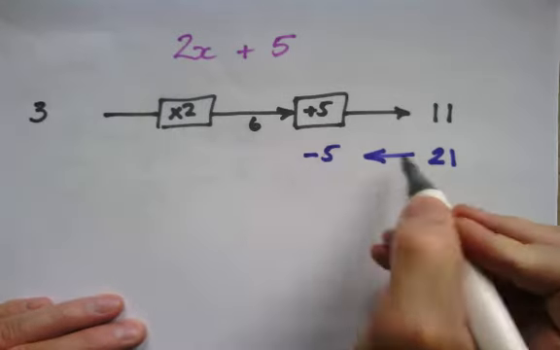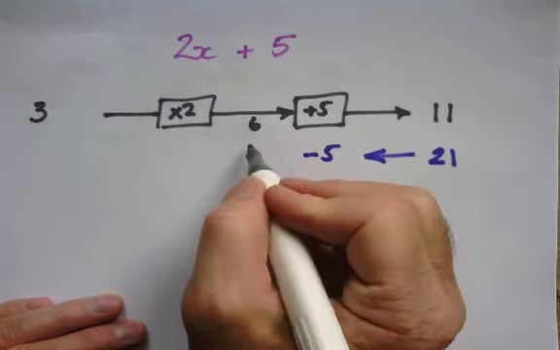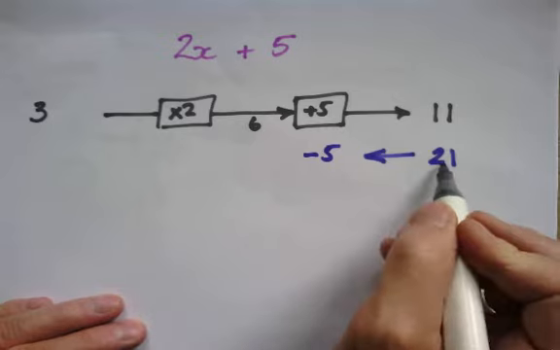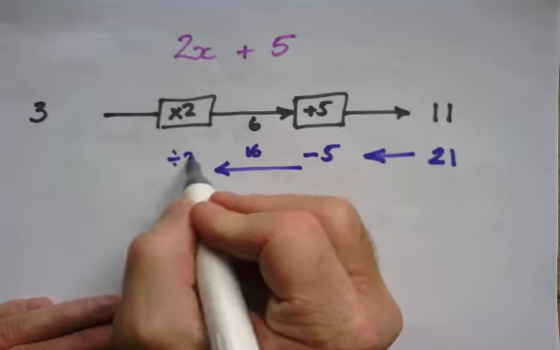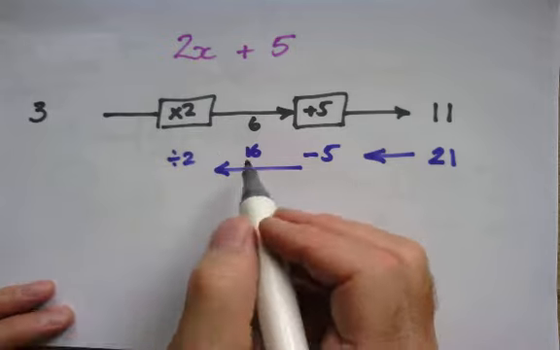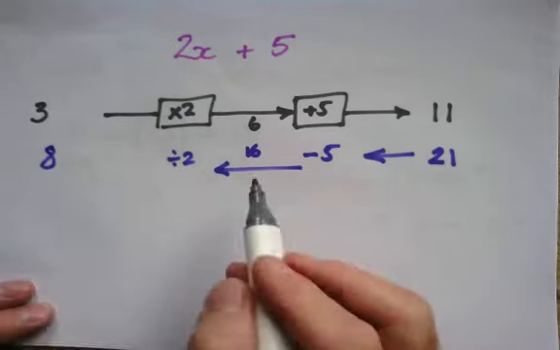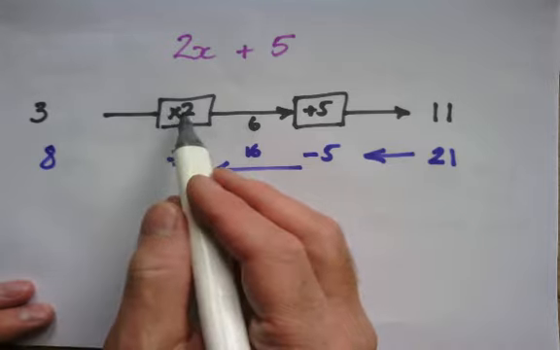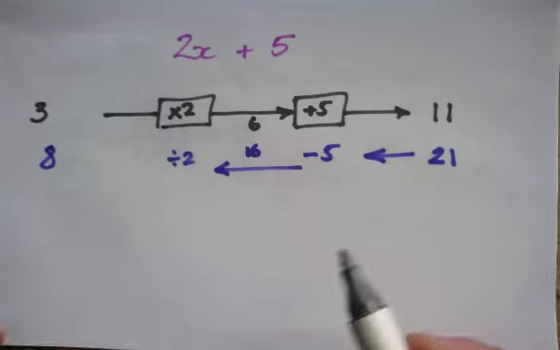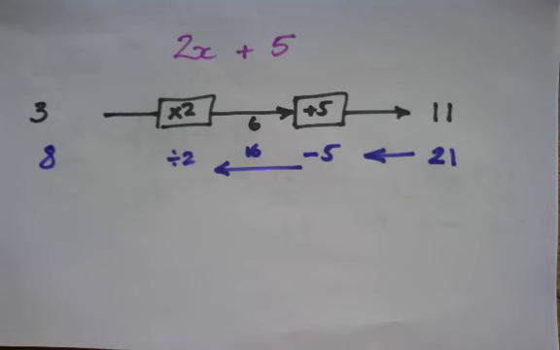The opposite of add 5 is take away 5, so 21 take away 5 is 16. Then divide by 2, the opposite of times by 2, is 8. Now if that were true, I can go back into the machine: 8 times 2 is 16, add 5 is 21. And that's how I would find it. So that's how you do function machines.